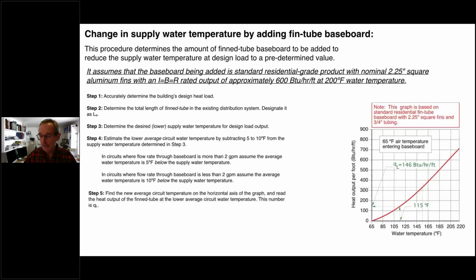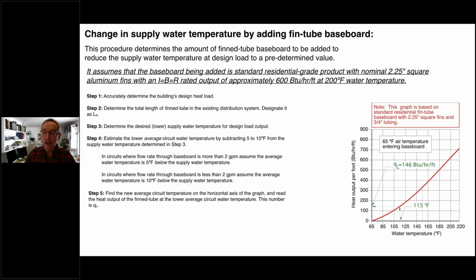Then you're going to go to the graph, okay? So as an example, let's say that we determine our average water temperature was 115 degrees Fahrenheit, and we just go up to the red curve and then we read over to the left. Looks like we're a little under 150 BTUs per hour per foot of fin tube, okay?